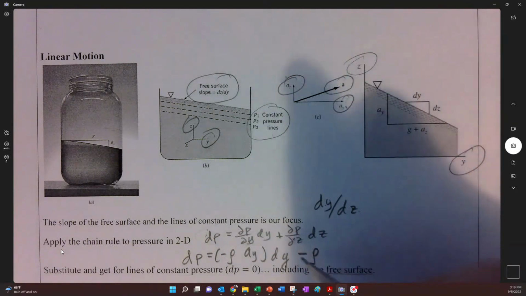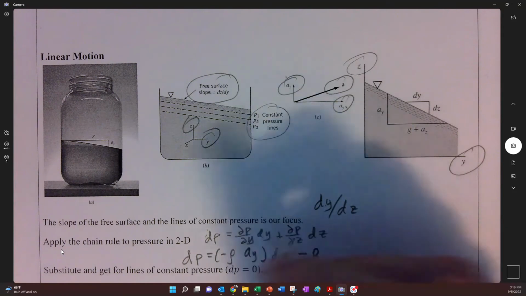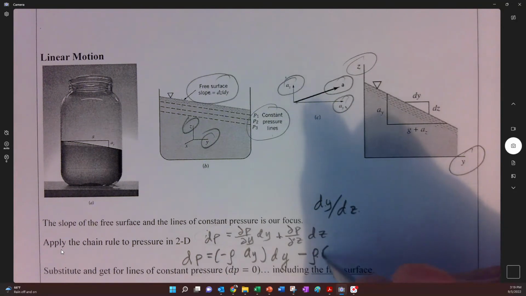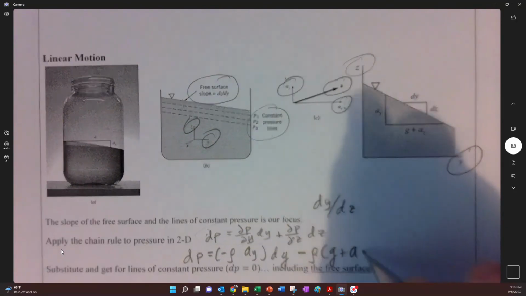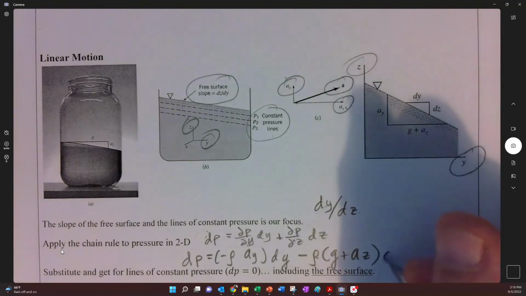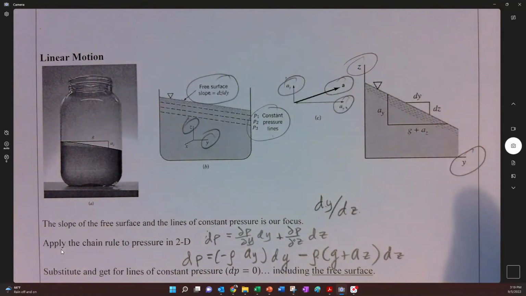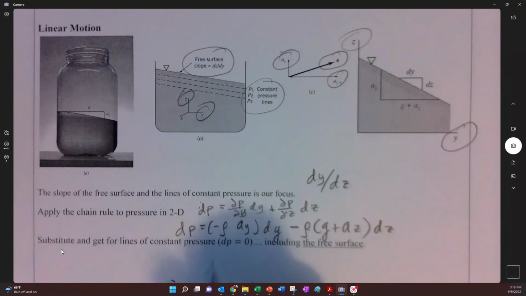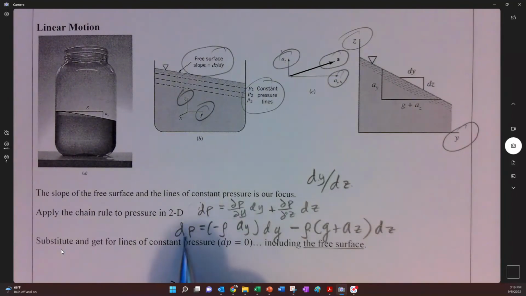No, I'm good. I'm taking the density out of the z direction as well, so we're going to have g plus a_z dz. So if we're going to have a line of constant pressure, let's set this equal to 0, right? That's going to be the free surface.